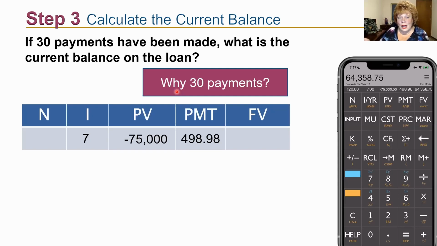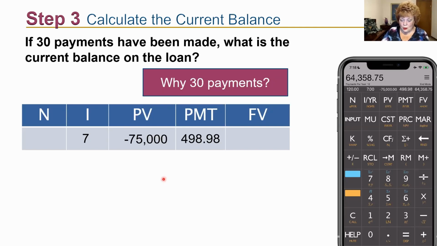So we need to allow a little bit of time. It depends on where the next payment falls, like where we are in the pay cycle. But usually I'm going to add 1 or 2 more payments on because it's going to take us time to close. So here, since he said there were 29 payments that had been made, I simply made it 30 because that's what our offer will be for.